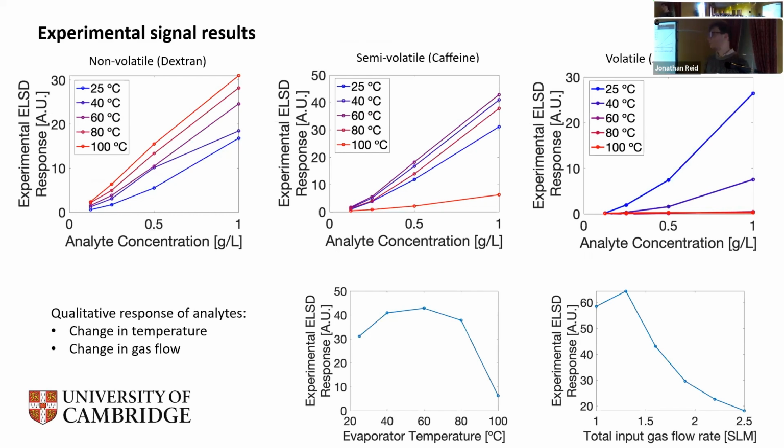If you used a non-volatile compound, a semi-volatile compound like caffeine, and a volatile one up here. With the volatile compound, you can tell that if you increase the temperature, the signal goes down because it's volatile, it disappears, it doesn't make it to the detector. Semi-volatile, more interesting.